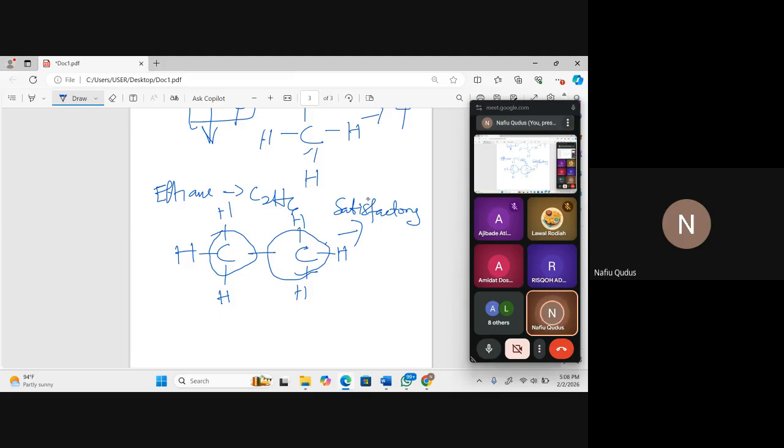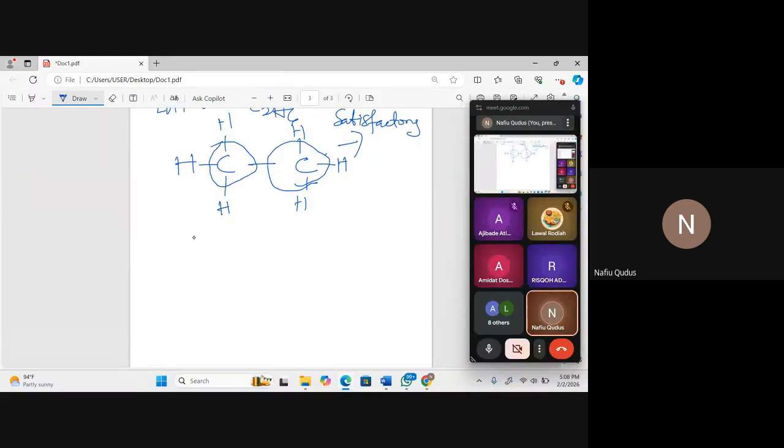Are we together? So now, if you draw another hydrocarbon from the alkane family, for example, propane. What is propane? C3H8. We have how many carbon atoms? We have 3 carbon atoms, right? We have 1 hydrogen here.